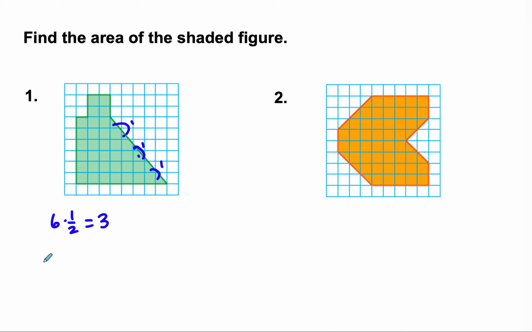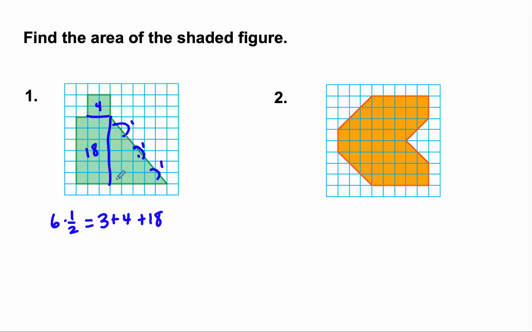All right, let's go ahead and check our answer. So I have 3 for my half squares approximately. Then I'm going to add on my other one. So let's see, I've got 4 up here. Let's see, 1, 2, 3, 1, 2, 3, 4, 5, 6. So this would be 18.